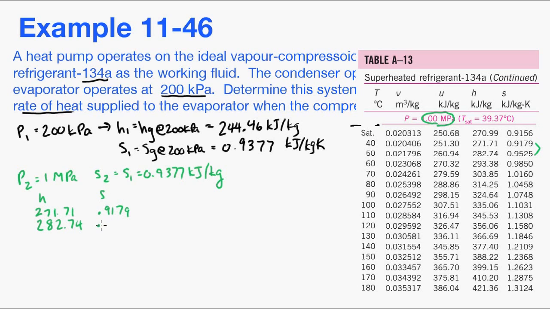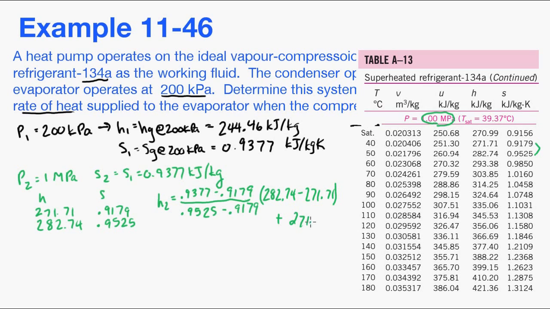So we'll look up our enthalpy and our entropy values that we'll interpolate between. So h2 is equal to 0.9377 minus 0.9179, divided by 0.9525 minus 0.9179, multiplied by the difference in enthalpies from the table values, plus 271.71. So h2 is equal to 277.98 kilojoules per kilogram.